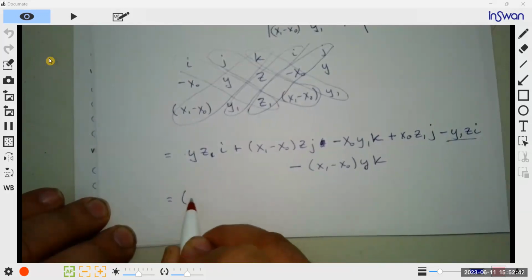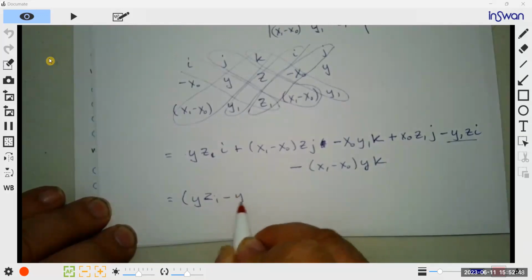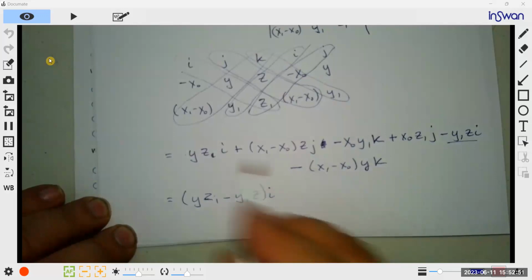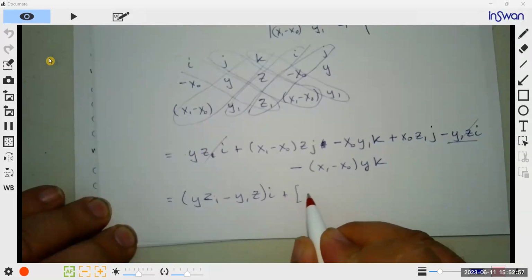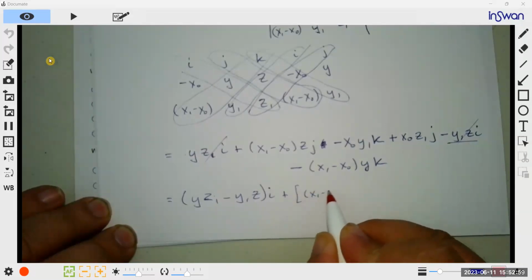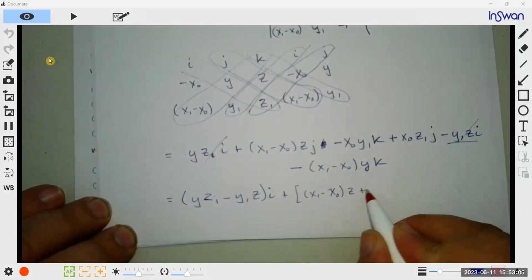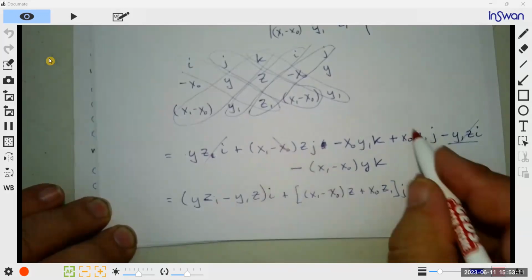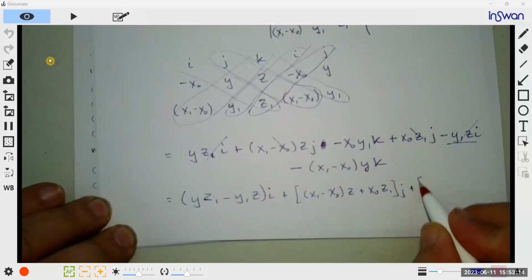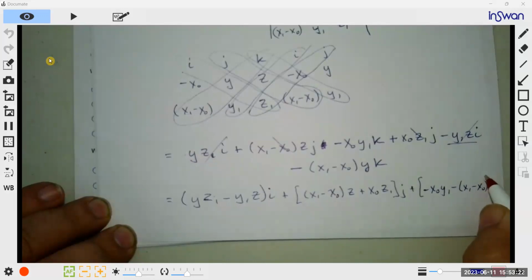So for i: y z1 minus y1 z. For j: (x1 minus x0) z plus x0 z1. For k: negative x0 y1 minus (x1 minus x0) y.